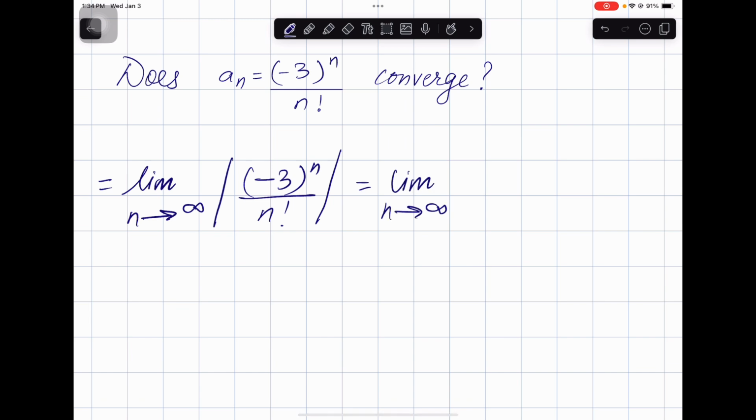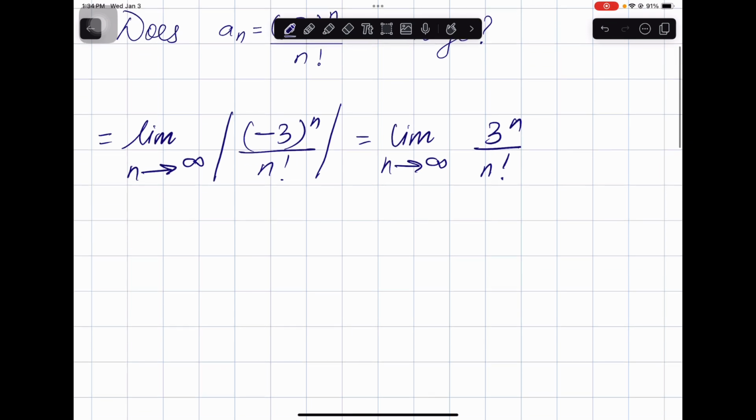The minus sign will not be doing anything because of the absolute value, and so this is equal to this now, right? Nothing confusing till now. As you can see, n starts from 1 and goes on to infinity.